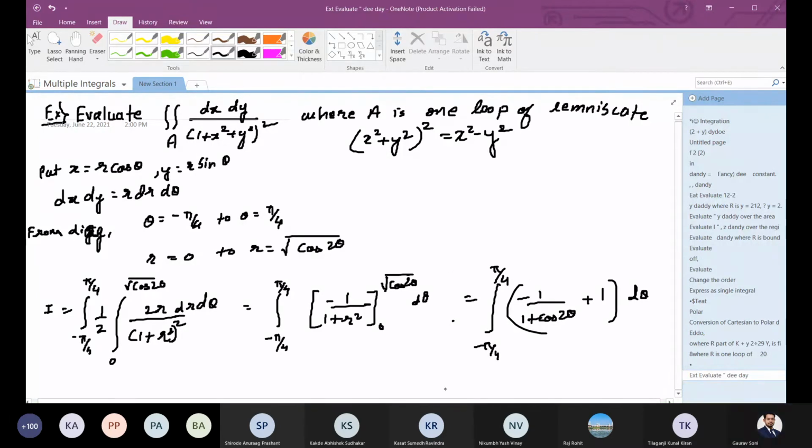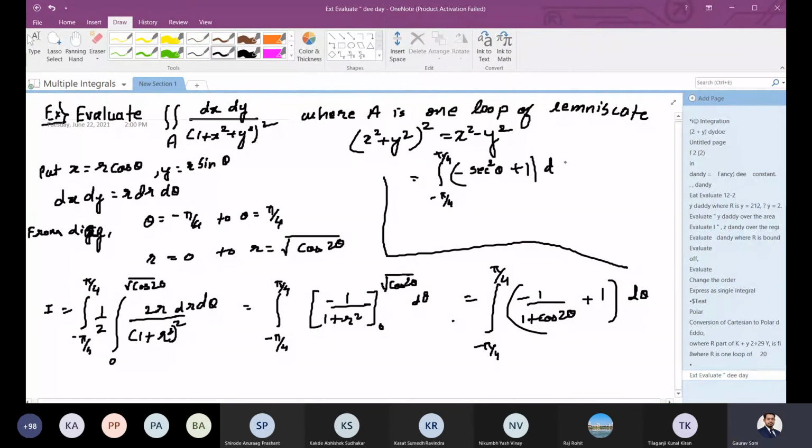So what we actually get after this is minus pi by 4 to plus pi by 4, minus sec square theta by 2 plus 1, d theta.